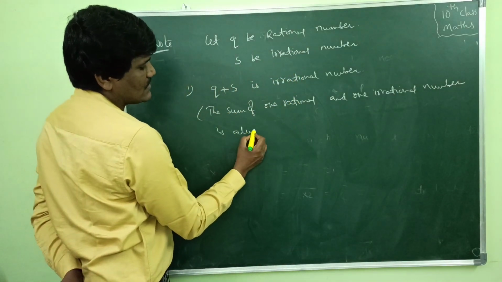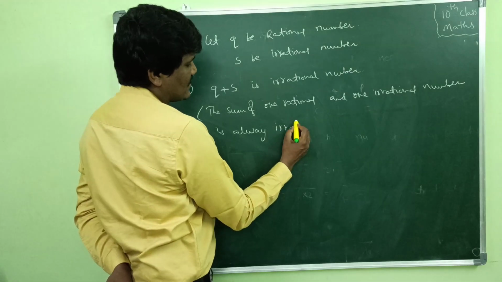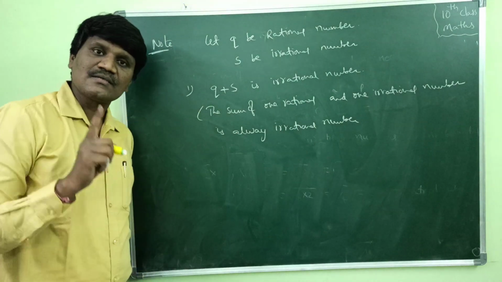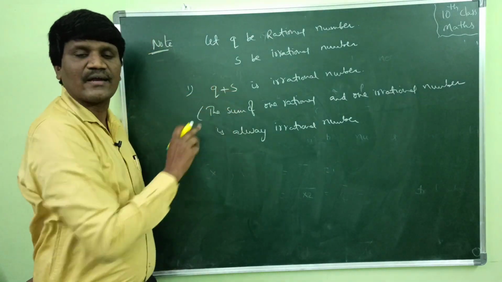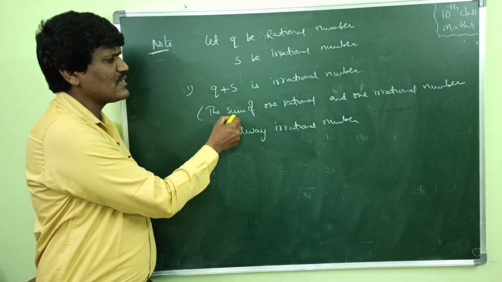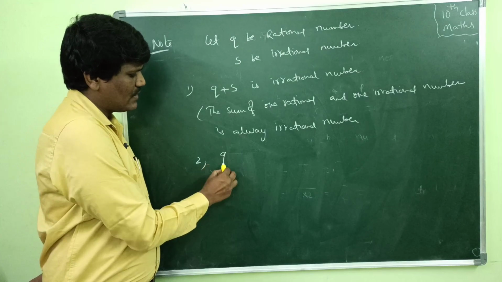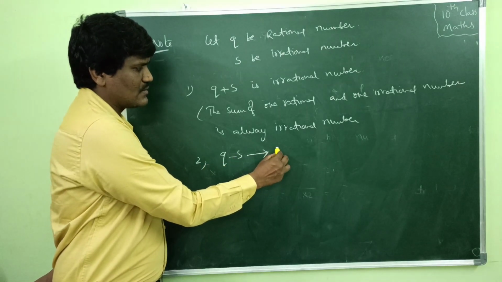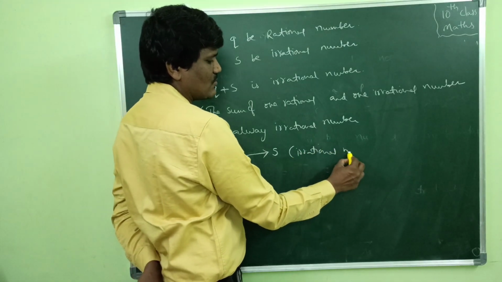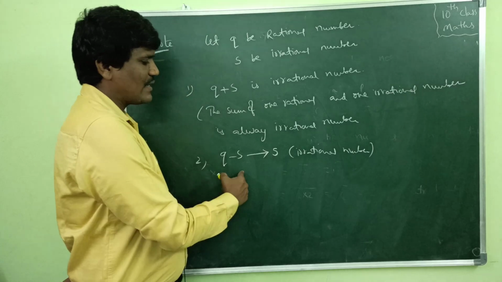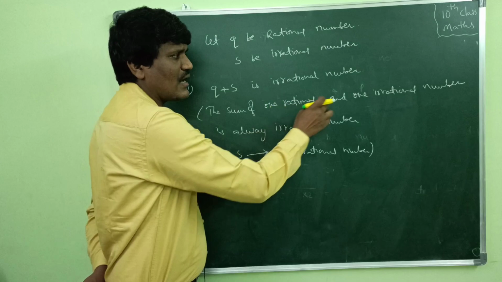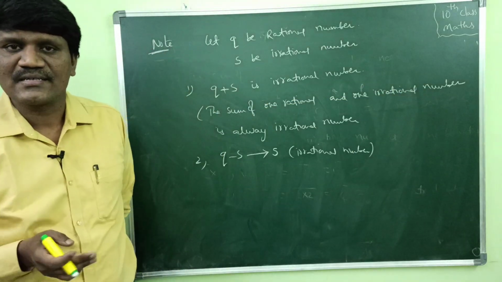In the same way, the difference also: q minus s is always an irrational number. So sum and difference are the same. The difference of one rational and one irrational number is always an irrational number.